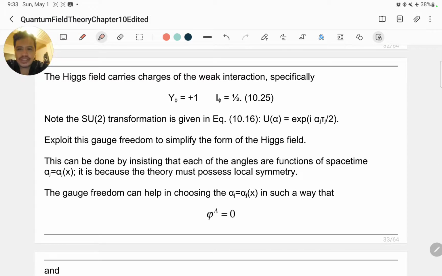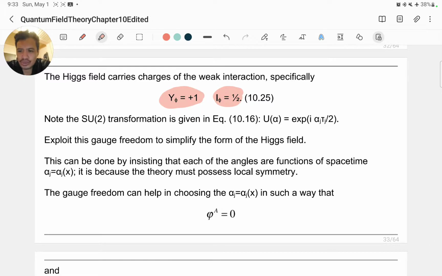The Higgs field carries a charge of the weak interaction, the hypercharge is given by positive 1, and the isospin is given by the value 1/2 for the Higgs field.